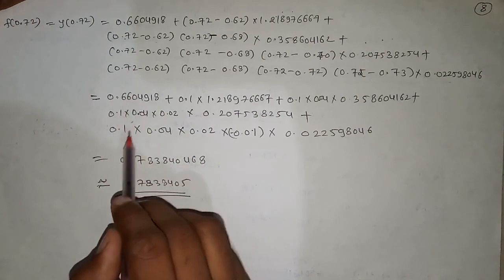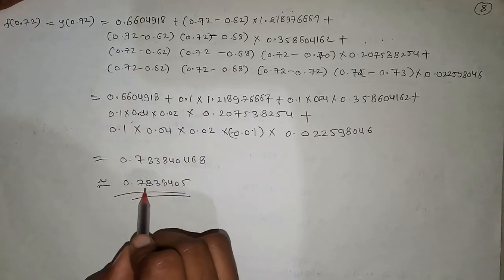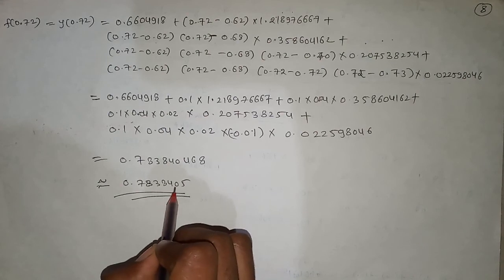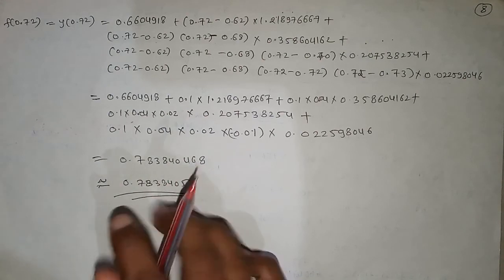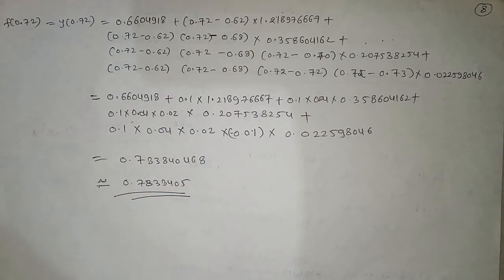On doing the calculation, we get the answer 0.7834845. So this is how to solve Newton's divided difference.